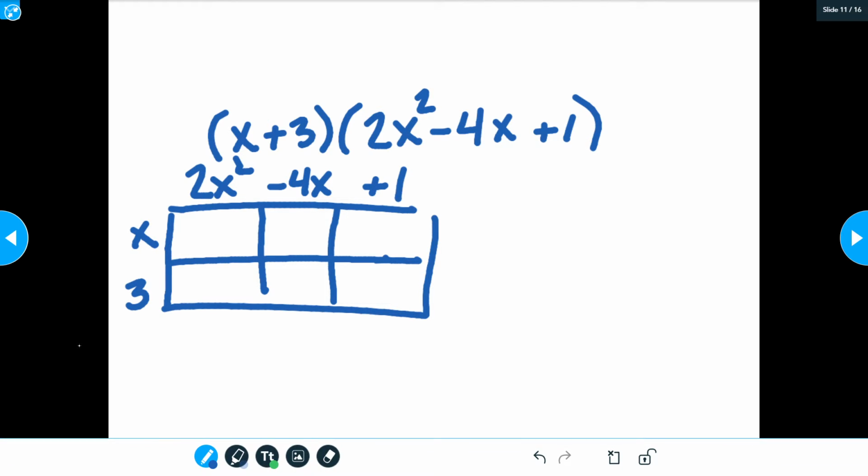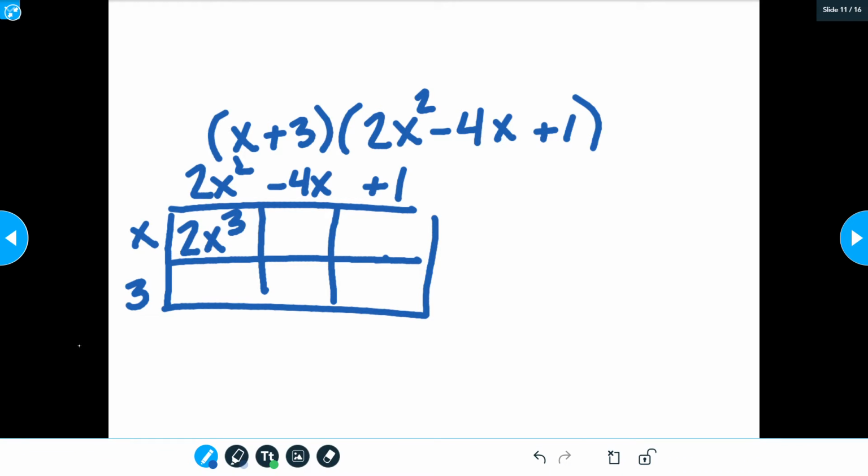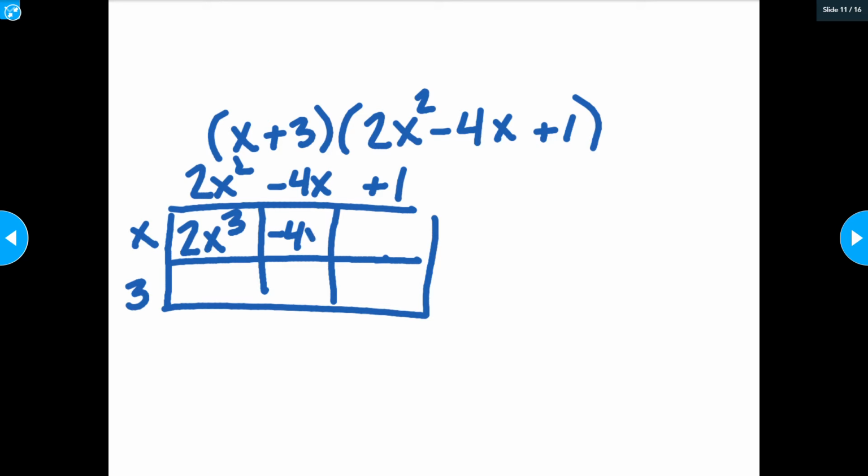And now I'm just going to multiply again. So 2x squared times x is 2x cubed. x times -4x is -4x squared. x times 1 is x.